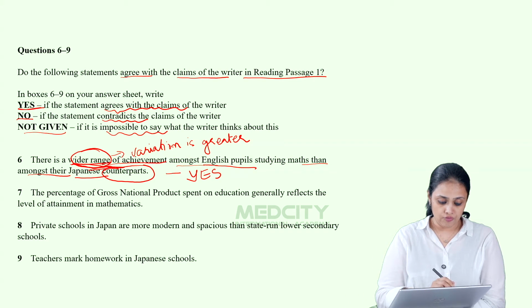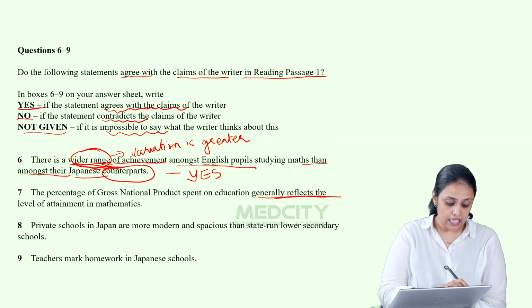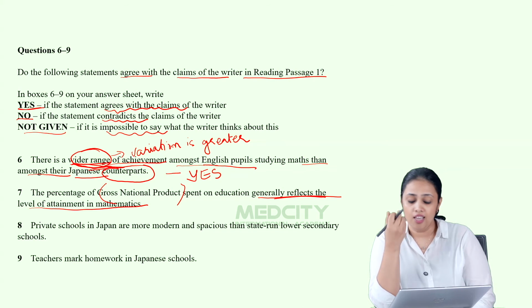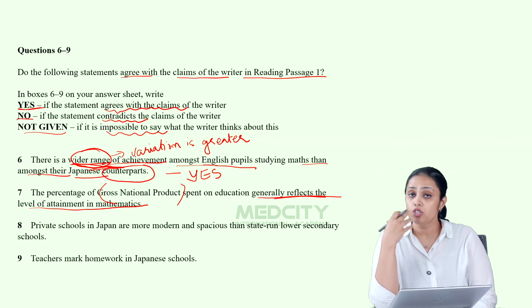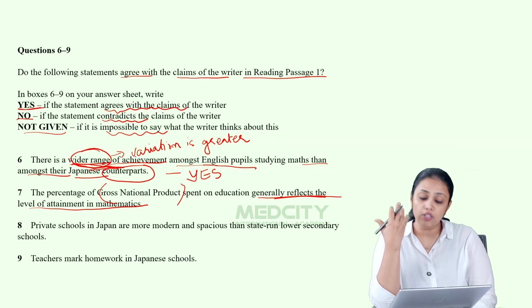The percentage of gross national product, GNP, spent on education generally reflects the level of attainment in maths. The statement says that the percentage of GNP spent on education generally reflects the level of attainment in maths.